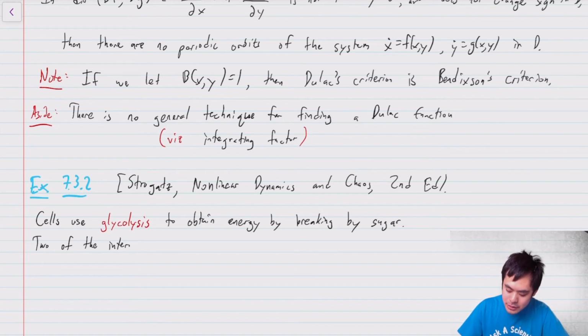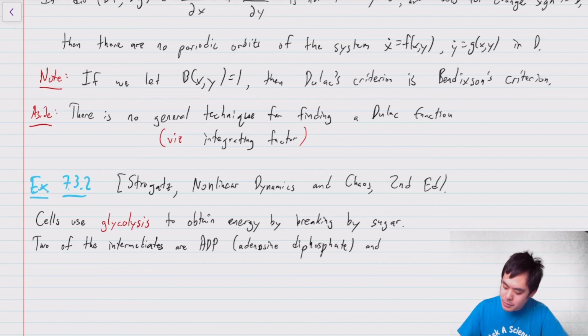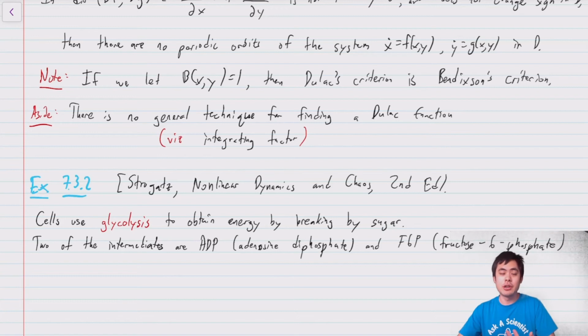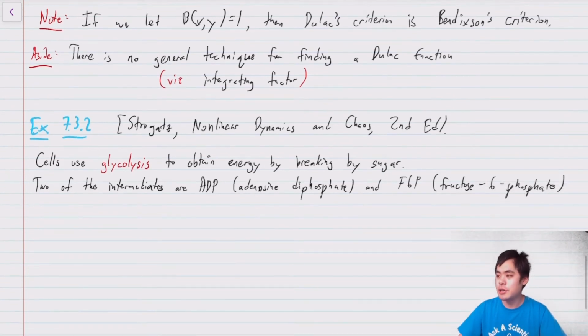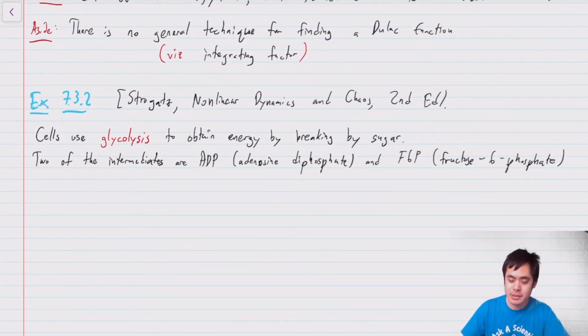Two of the intermediates are ADP, adenosine diphosphate, and F6P, which is fructose 6-phosphate. These two intermediates vary in concentration and number as your cell goes through glycolysis.